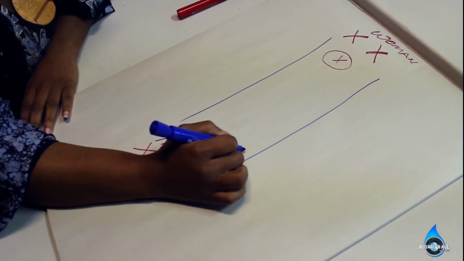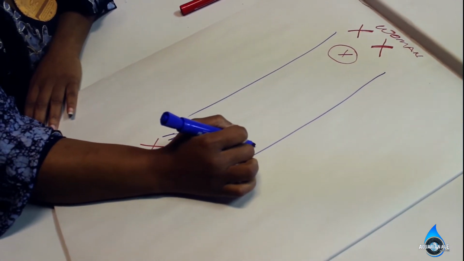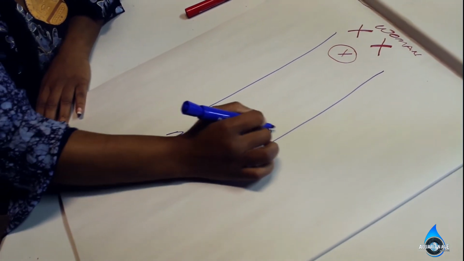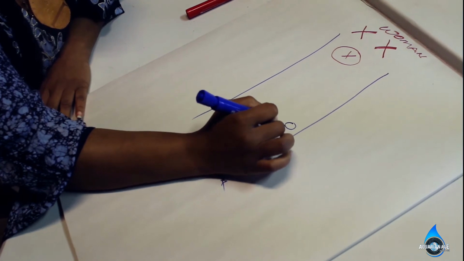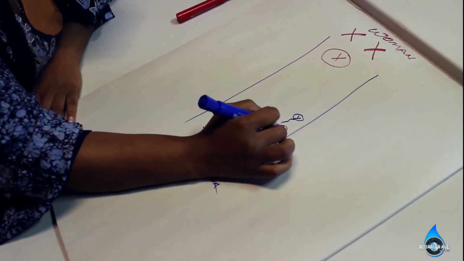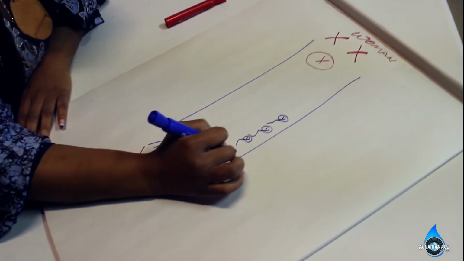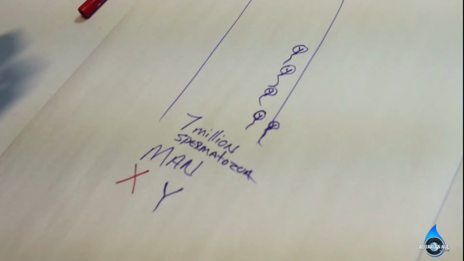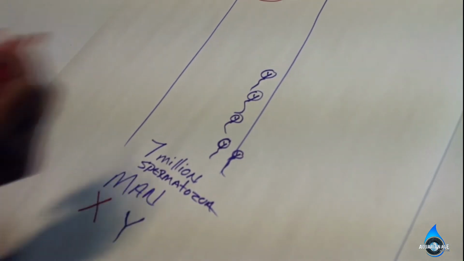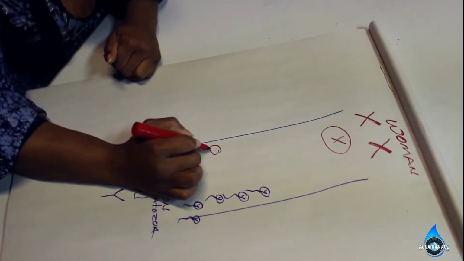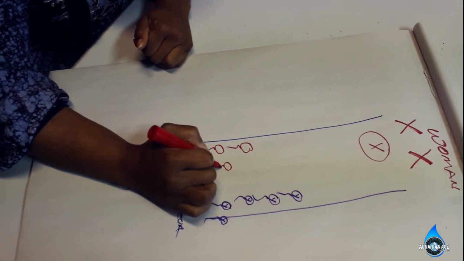Part of those sperm cells are, okay, these are boy sperm cells. These will be the Y. So these are Y sperm cells. Okay, he also excretes little bitty X sperm cells.